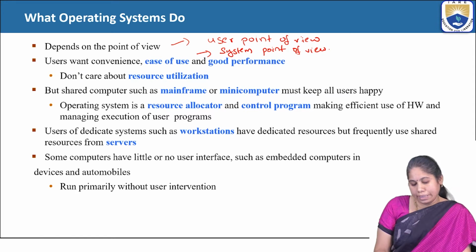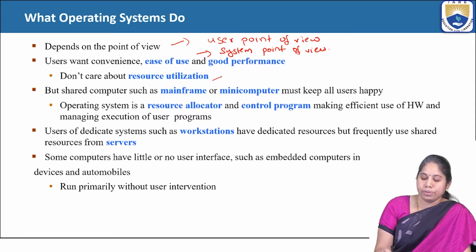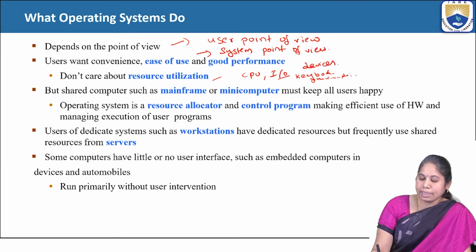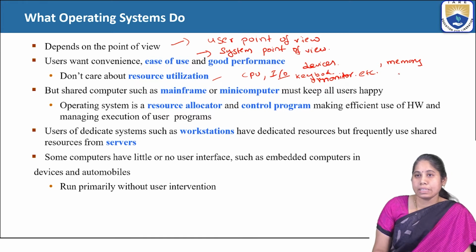Here the resources are the CPU, I/O devices such as keyboard, monitor, printer, and memory. These are the different kinds of resources in our system.